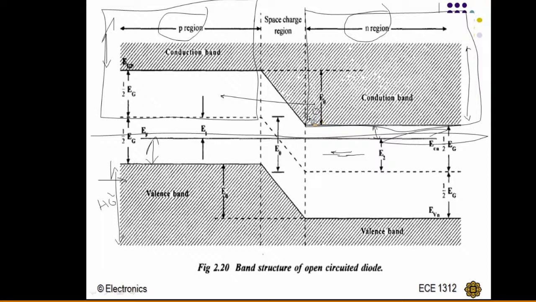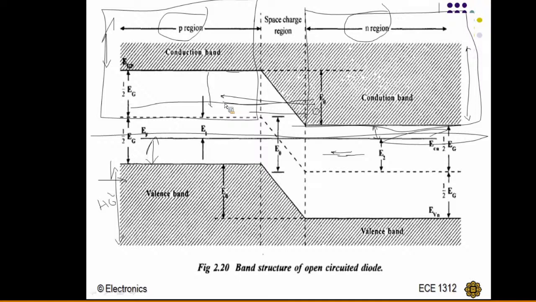But in this case, this electron is at this place, and it cannot enter the p side because the conduction band is at this level. What we have to do is move the conduction band up to this point. Then this electron can easily move to the p-type region.